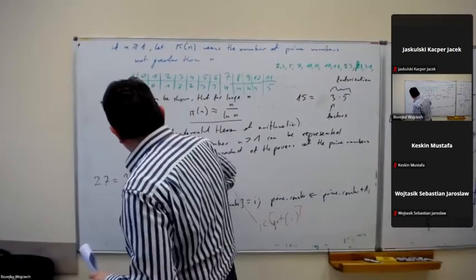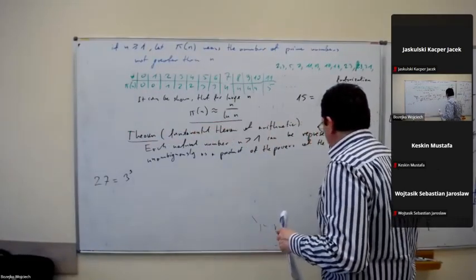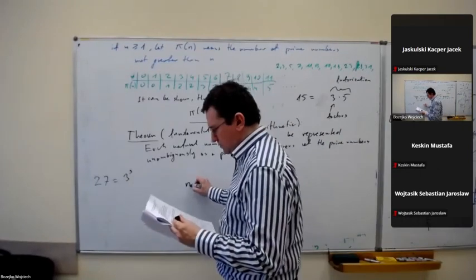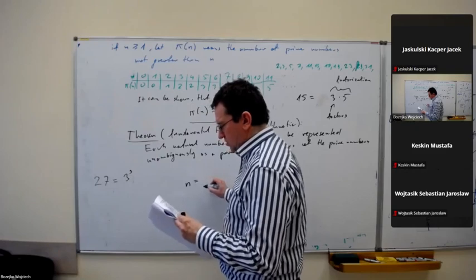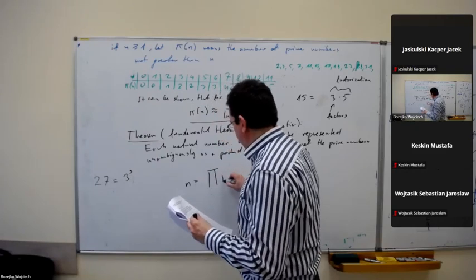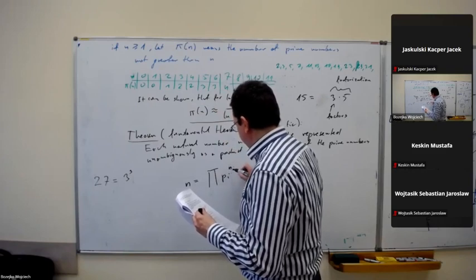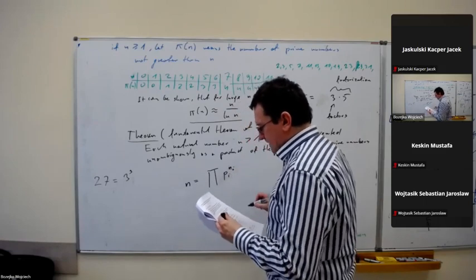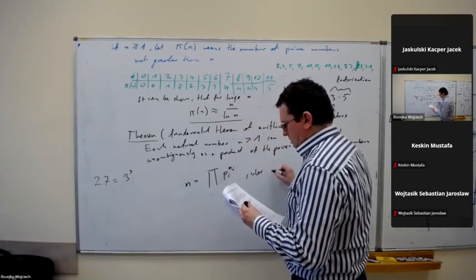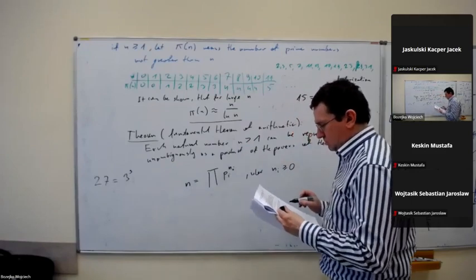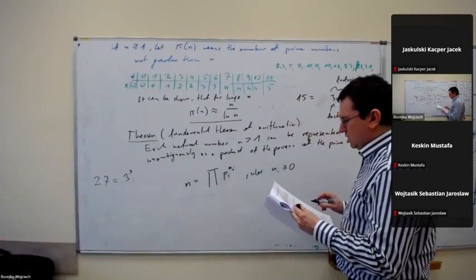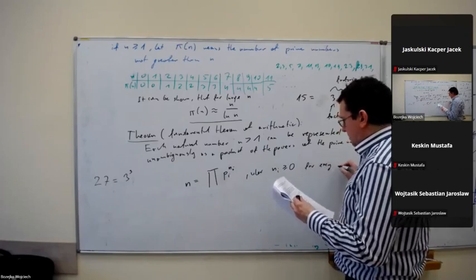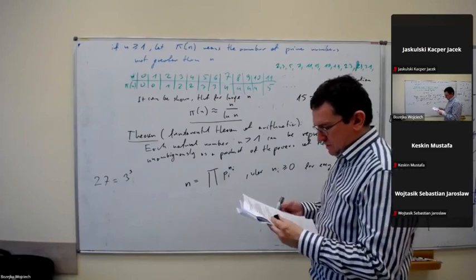Okay. So by the formula, we can write it in such a way that a number n can be written as a product of pi to the power of ni, where ni are greater than or equal to 0 for every i greater than 1.